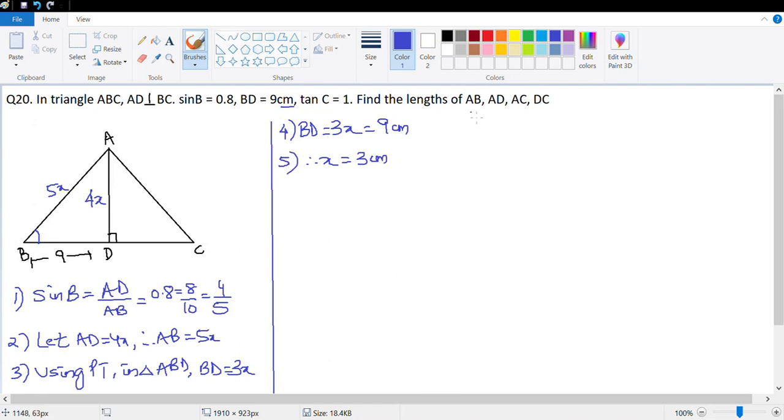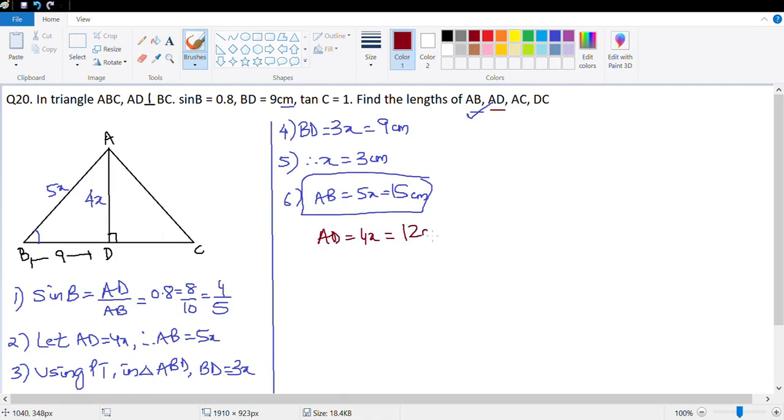We need to find AB. Now, AB is equal to 5x, which is 15 centimeter. Done. Next part, AD. AD is equal to 4x, which is equal to 12 centimeter. Done. Next part, AC. Anything else given? Oh, tan C is given.